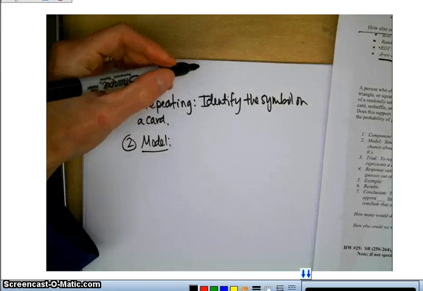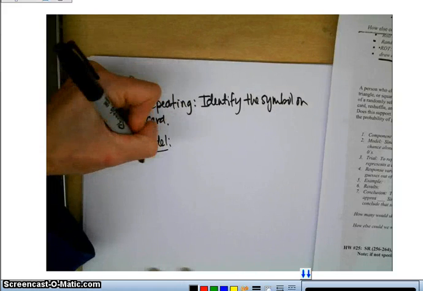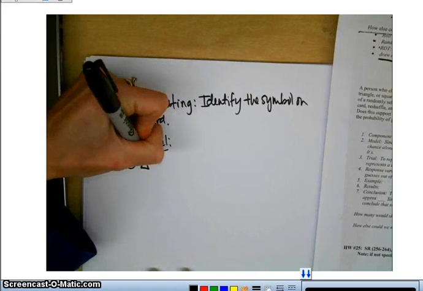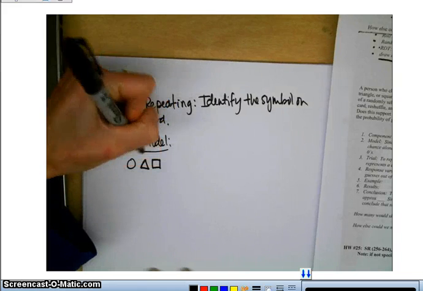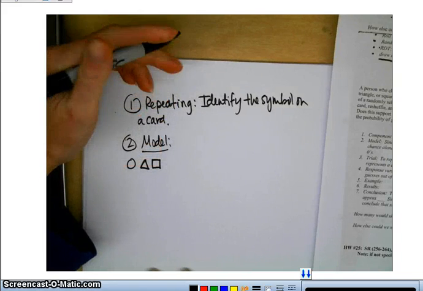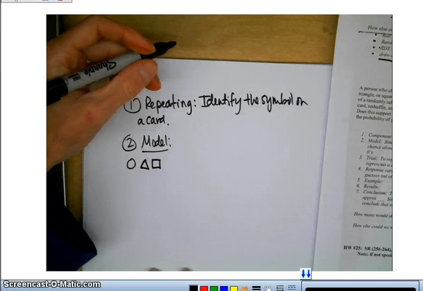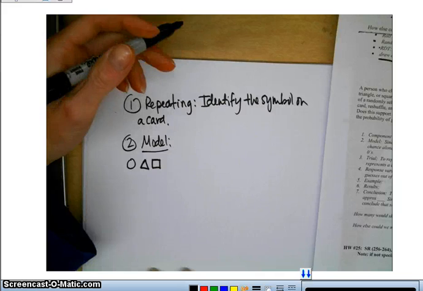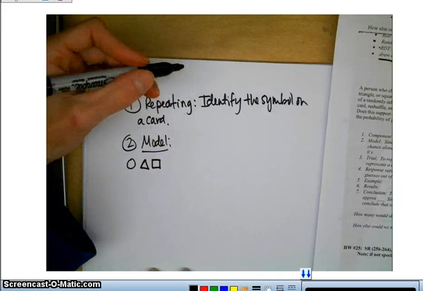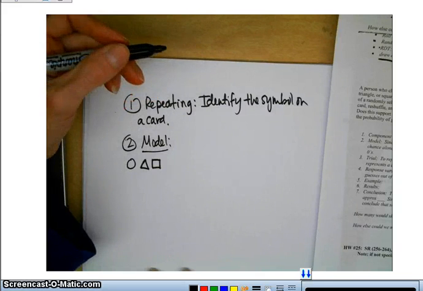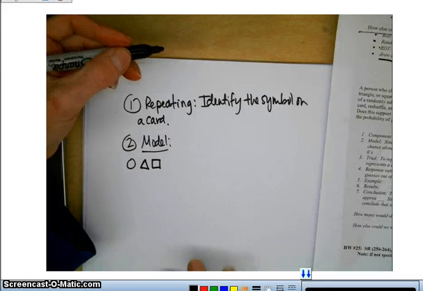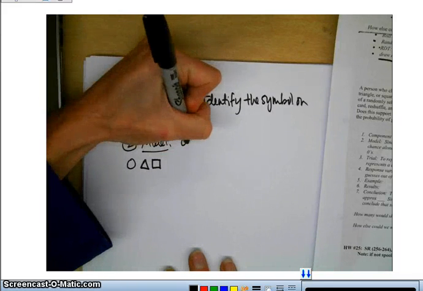2, how are we going to model this? We've got 3 different cards. It says that we've got a circle, a triangle, or a square on the back of each card. And we're assuming that each of these is equally likely to happen in this deck. One of 3 cards. So we could use a random digit table, and we would have the digits 0 through 9.